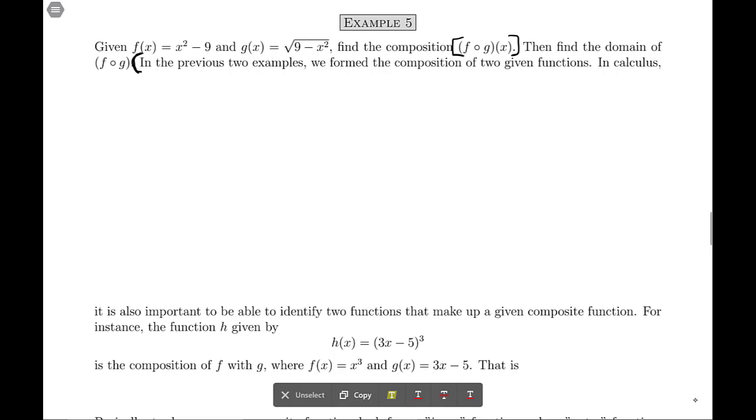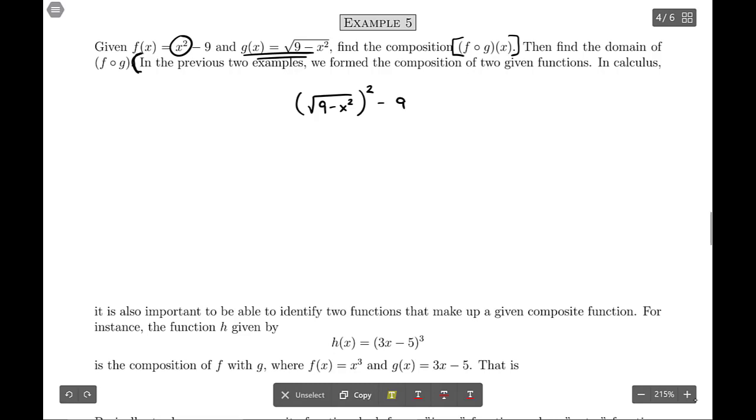Let's focus on the composition. So we're taking function g and we're placing it inside of function f. So that would be the square root of 9 minus x squared, because x is squared right here, minus 9.